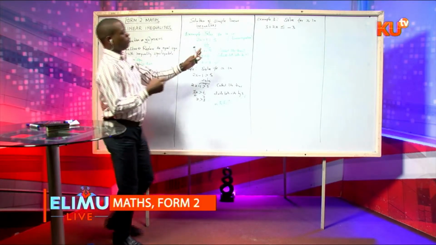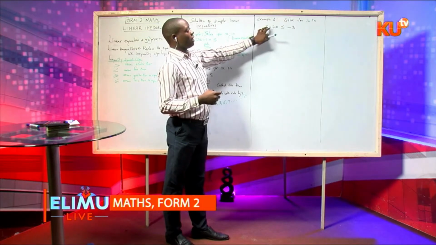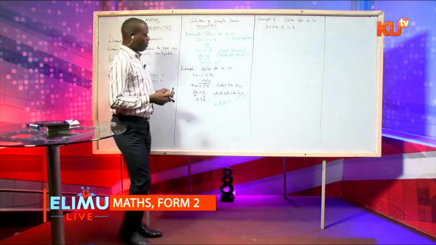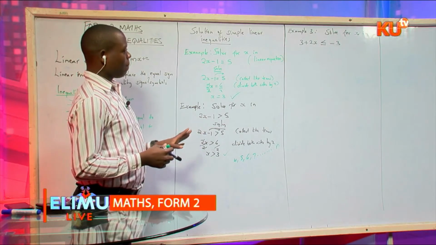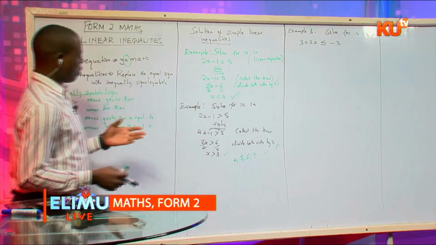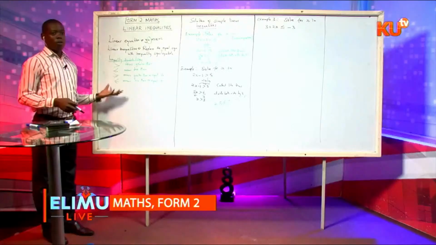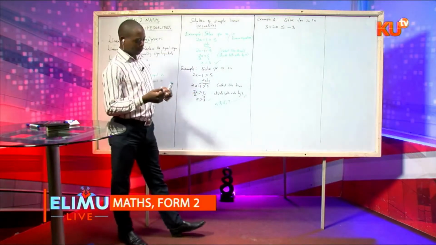Now, what we've only done here is we've started with 3 instead of 2. Because students will always think that the equation has to start with x. It can start with any number as long as the arrangement is based on these inequality symbols, then it becomes a linear inequality.